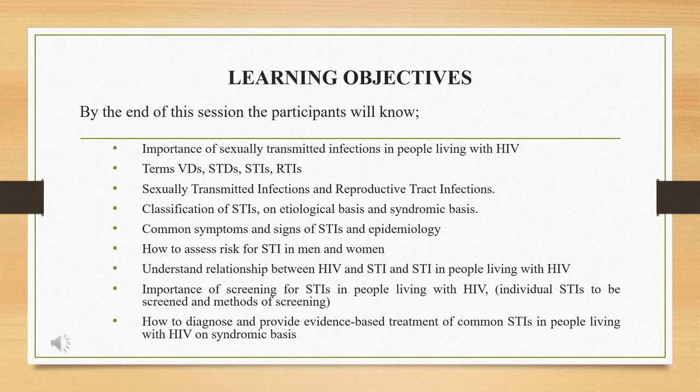Classifications of STI on a syndromic basis and on an etiological basis, common symptoms and signs of STIs and their epidemiology, how to assess the risk of STI in men and women, the relationship between HIV and STIs in people living with HIV, the importance of screening for STI in people living with HIV, and syndromic management of common syndromes.